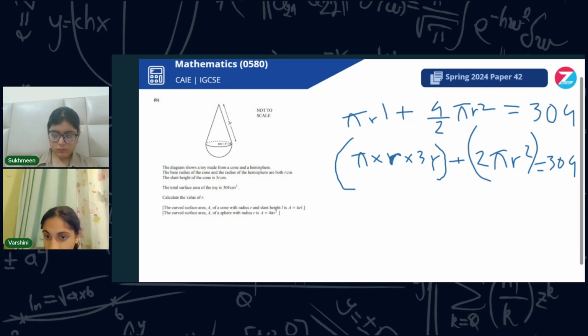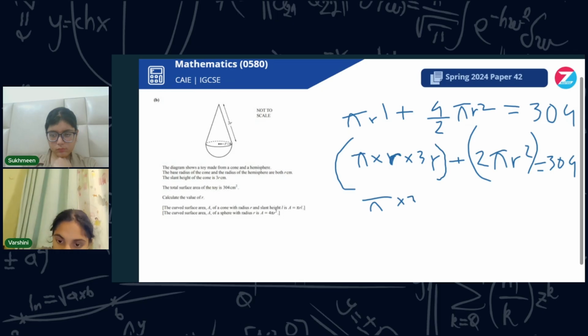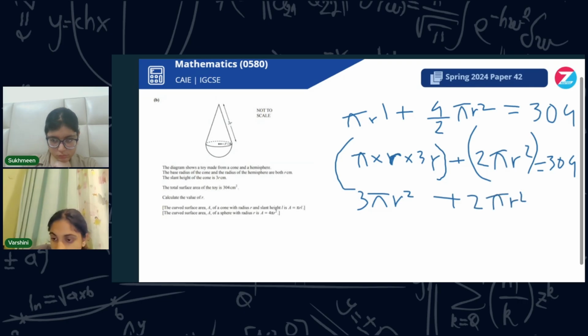We know r into 3r have the same variables, so we can multiply these, and r into r is going to give us r squared. So that's going to be pi into 3r squared, or we can instead write this as 3 pi r squared plus 2 pi r squared is going to give us 304.